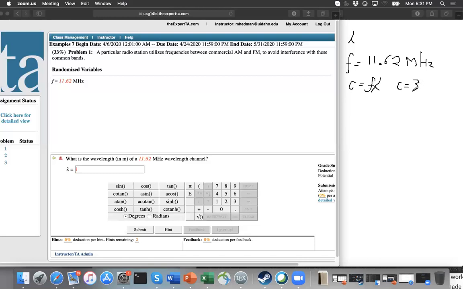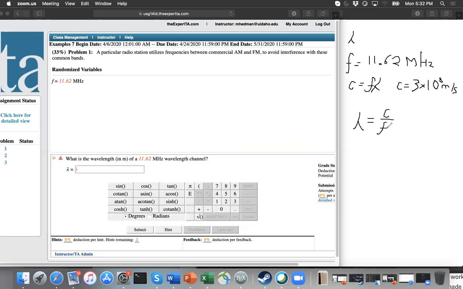It's 3 times 10 to the 8 meters per second. So we actually know everything in this relationship. So all we have to do is solve for lambda. Lambda is going to be c over f.